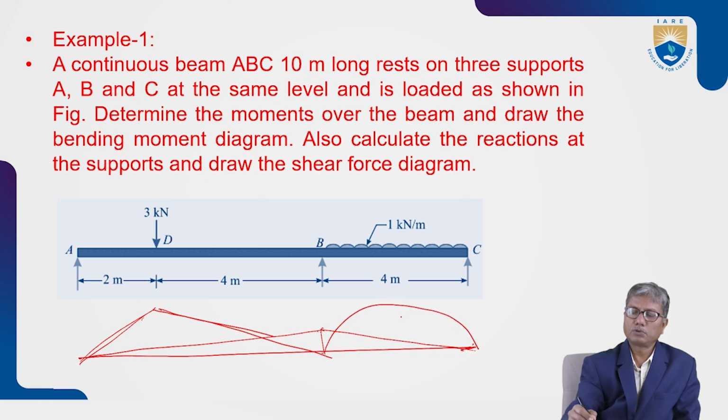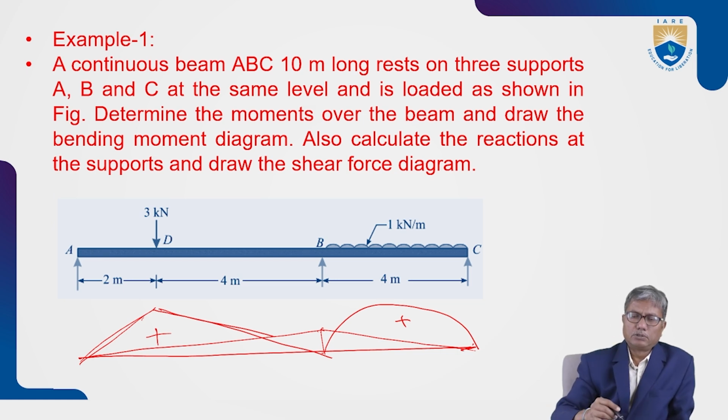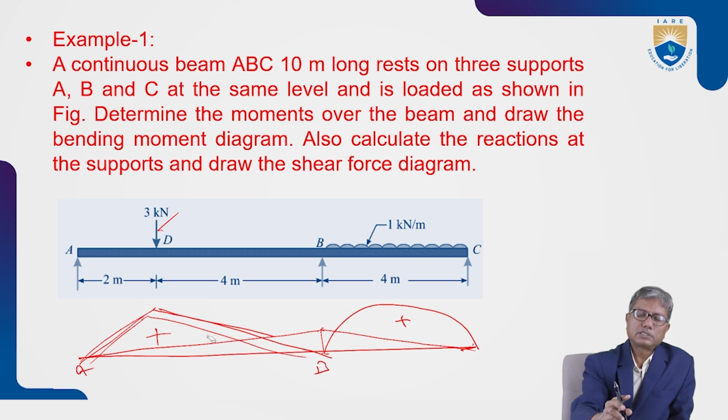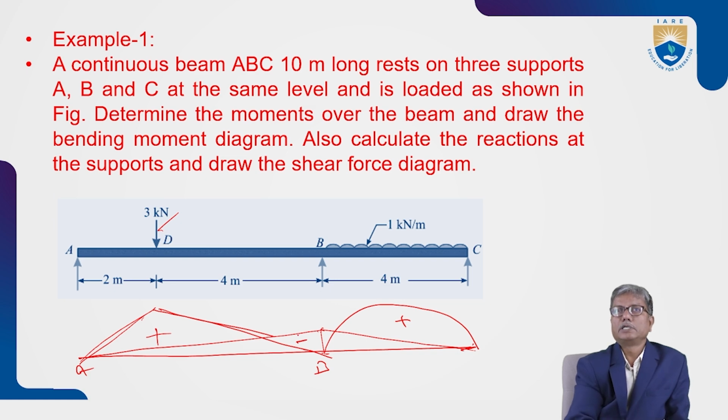This is obtained by superimposing the simply supported bending moment diagram, or free bending moment diagram over AB, which is a triangle, over the bending moment diagram due to end moments.